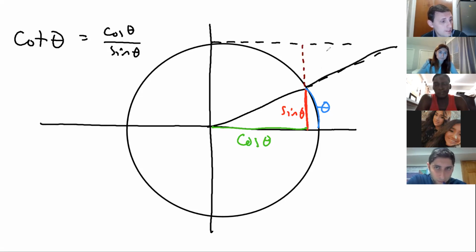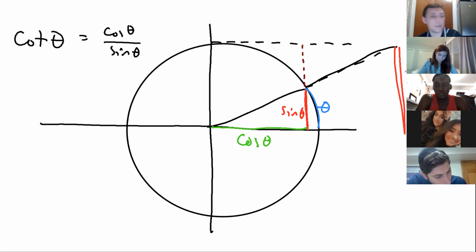I push that triangle, and that makes that red segment equal to 1. You see the segment is now of length 1.